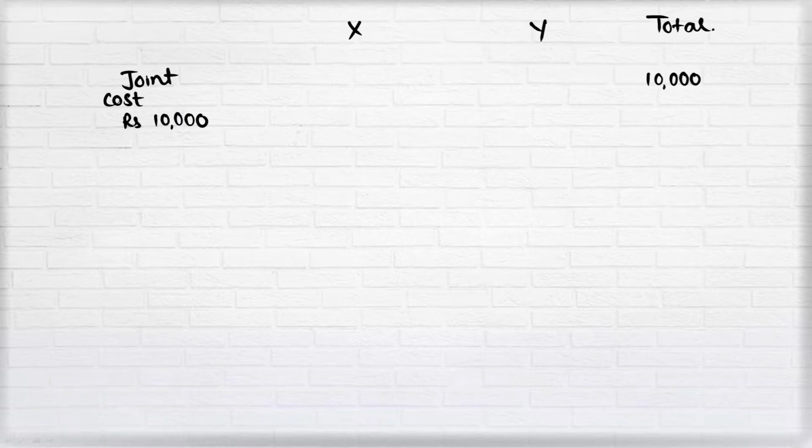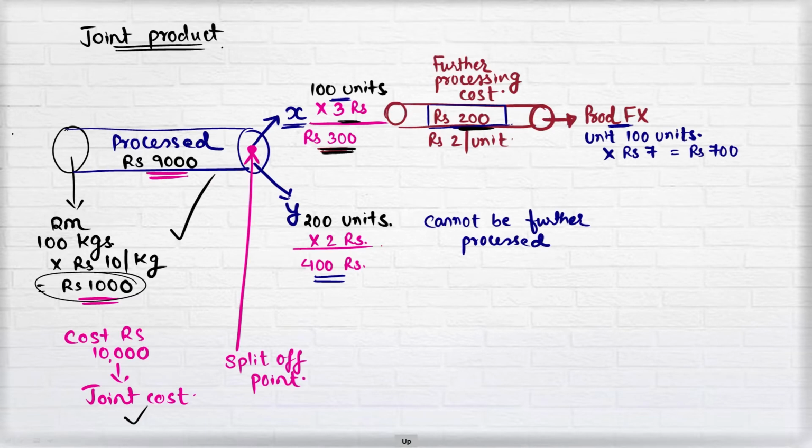What should be the method of distribution? First is physical quantity. This is method number 1. Physical quantity method. What was a physical quantity at a split off point? Here also it is 100 and 200, but I am talking about split off point.